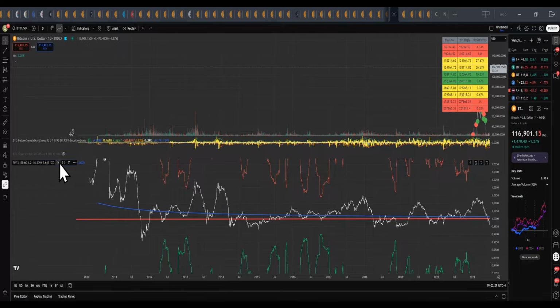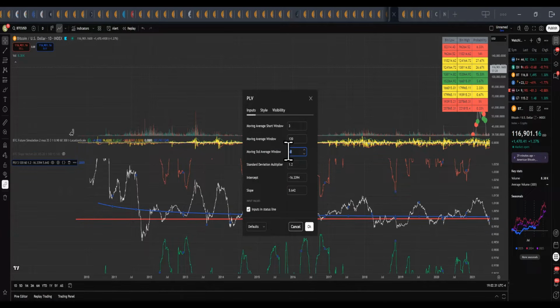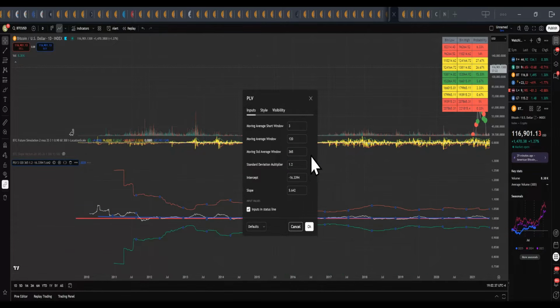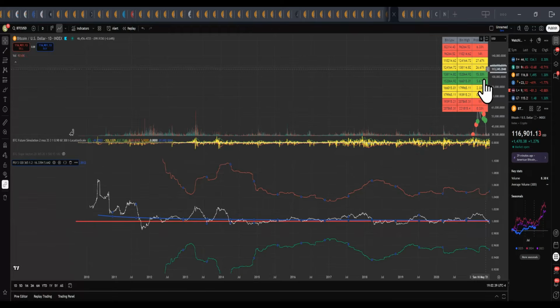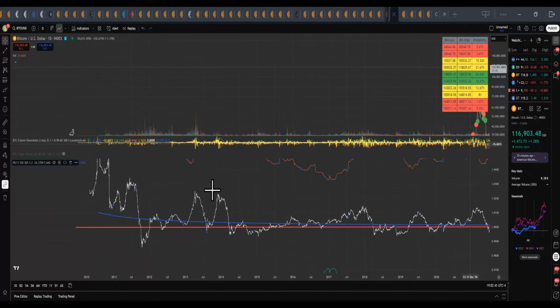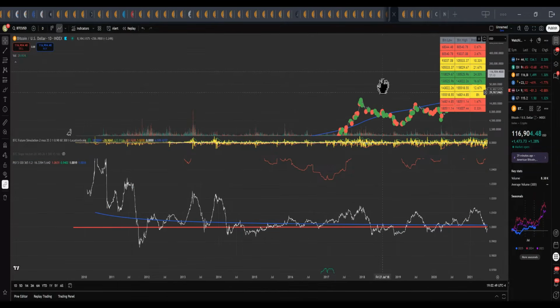That is 1 year. Okay, 365, let's say. And you can see even better, right? In fact, it really looks like the gains were really, really high. So let me actually bring up the history of Bitcoin.